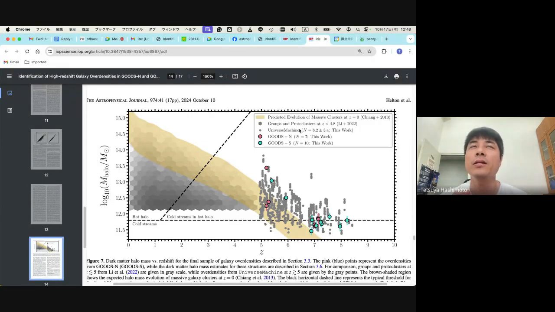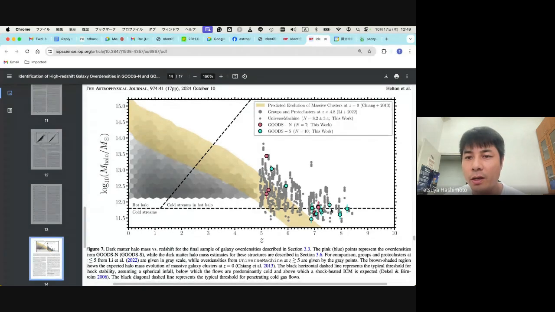And then they can also identify overdensities in the model galaxy sample, which is shown by gray dots here. And then basically they are saying this model prediction shown by gray dots is consistent with what they found from real observations, which are the colored dots here. So therefore, they found a good agreement, I think, between this UniverseMachine model prediction and observations.